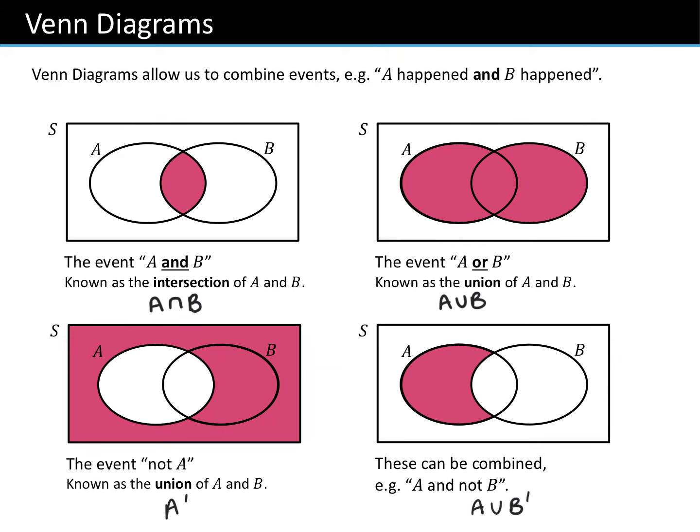Because this is A, we have A with the union of not B. Is that right? I think this is supposed to be intersection. A intersection not B. Not union, sorry everyone. A intersection not B.